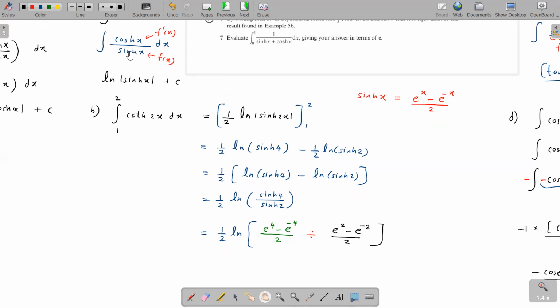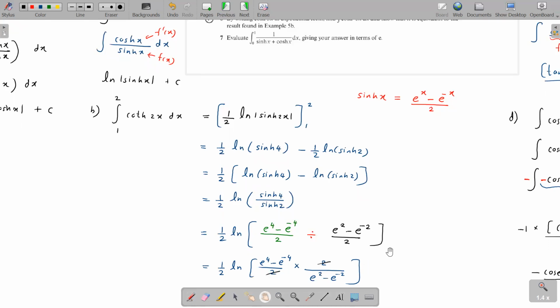So then division to multiplication: half ln of e to the power 4 minus e to the power minus 4 over 2, times 2 over e to the power 2 minus e to the power minus 2. So then the 2 and 2 cancel.